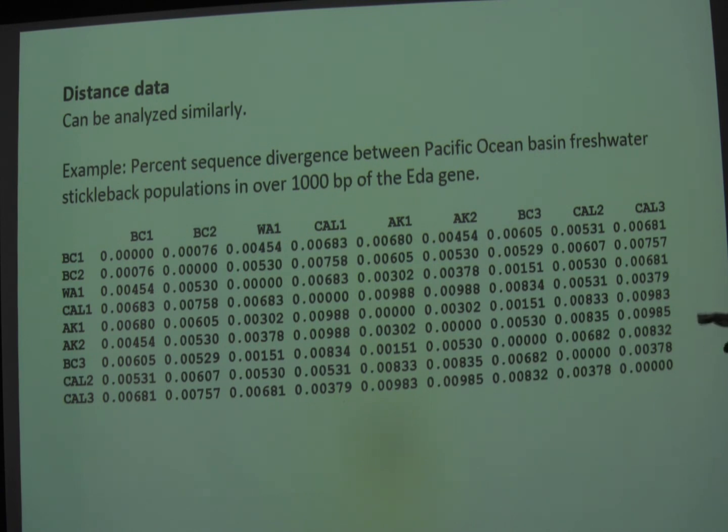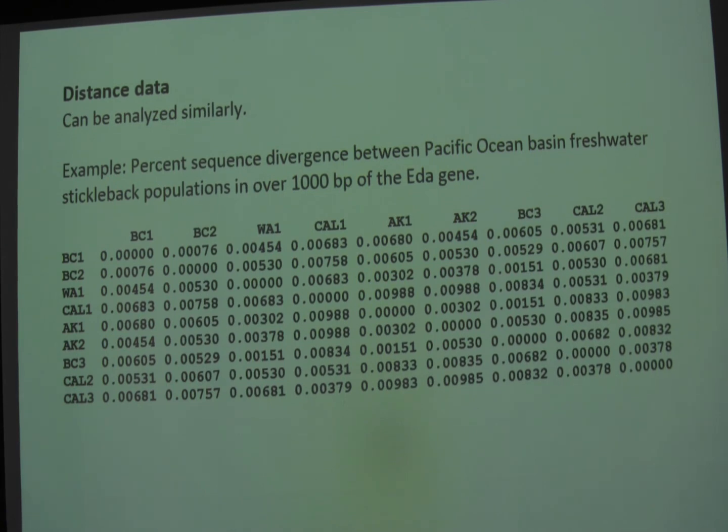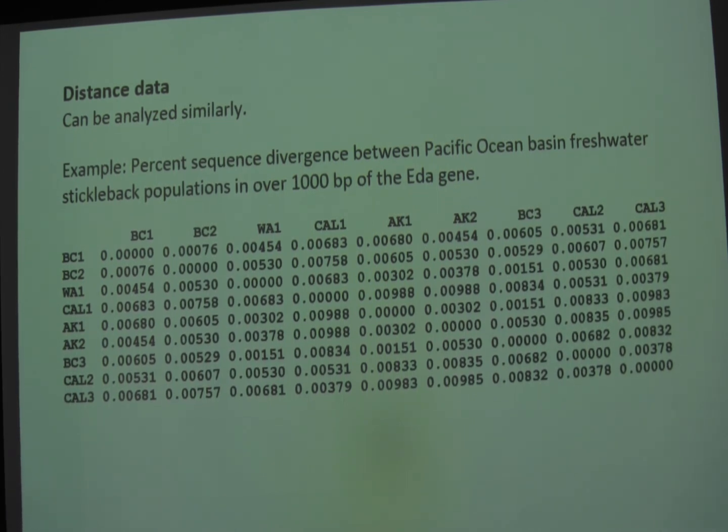And I'm going to show that with my last data set here, which is from stickleback. Collaborators of ours sequenced 1,000 base pairs of a really important gene called ectodysplasin.